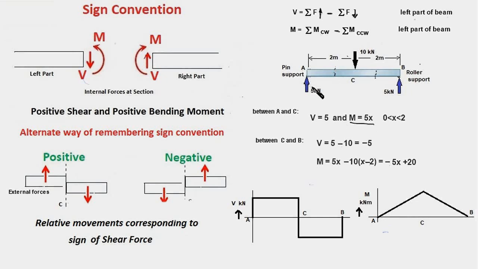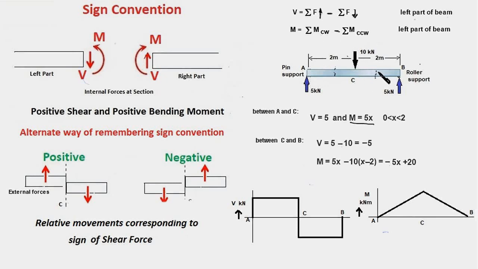Let us consider this point. Here the bending moment will be equal to 5 times this distance minus 10 times this distance. This is minus because it's pointing downwards and will cause a counterclockwise movement. So in this sign convention, all upward directed forces would cause clockwise movement and will be considered positive. All downward forces to the left of this point will cause anti-clockwise moment and will be considered negative.